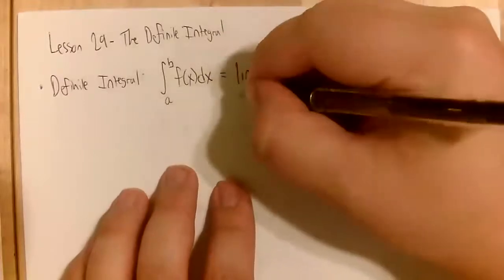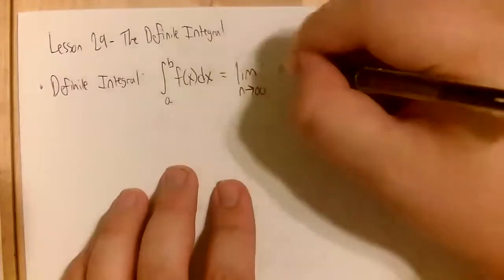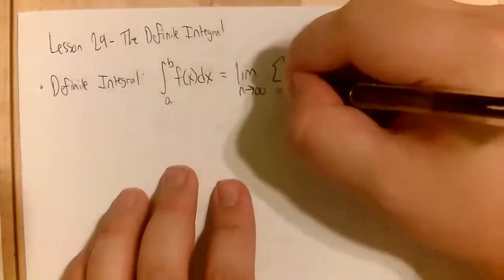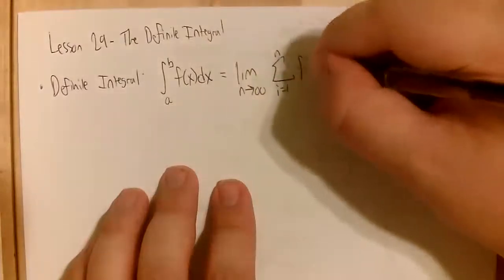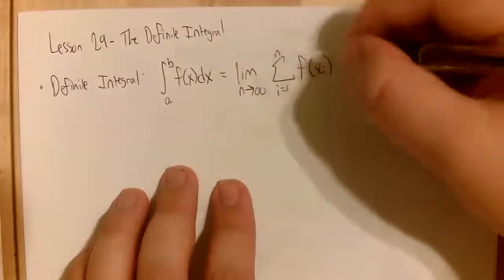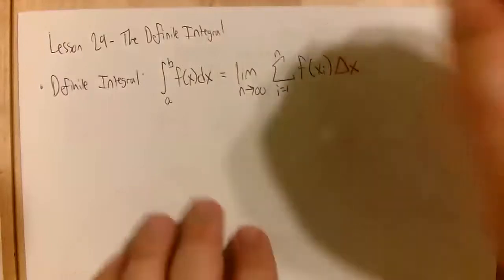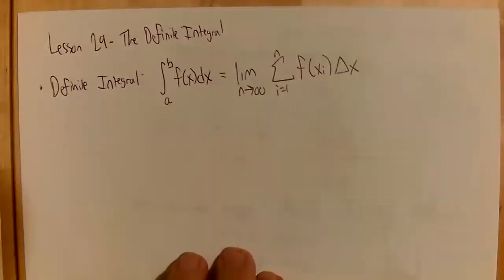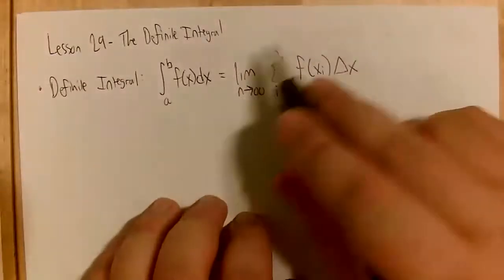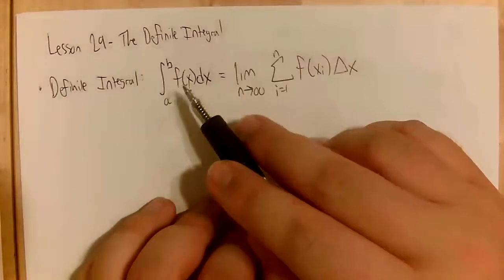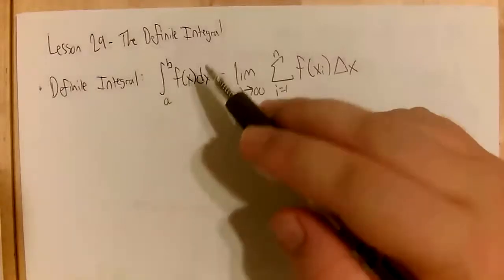So the definition of this is the limit as n goes to infinity of the sum from i equals 1 to n of f of xi delta x. So it's the limit of a Riemann sum. Rather than writing out this limit painstakingly every time, we have this notation for it right here.